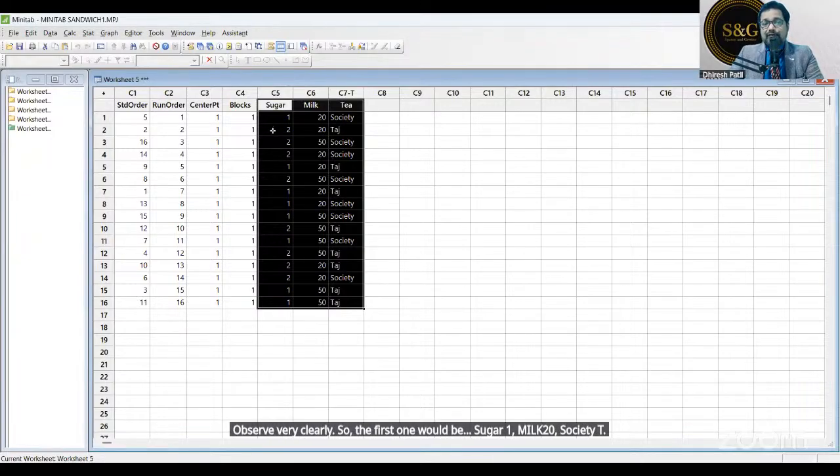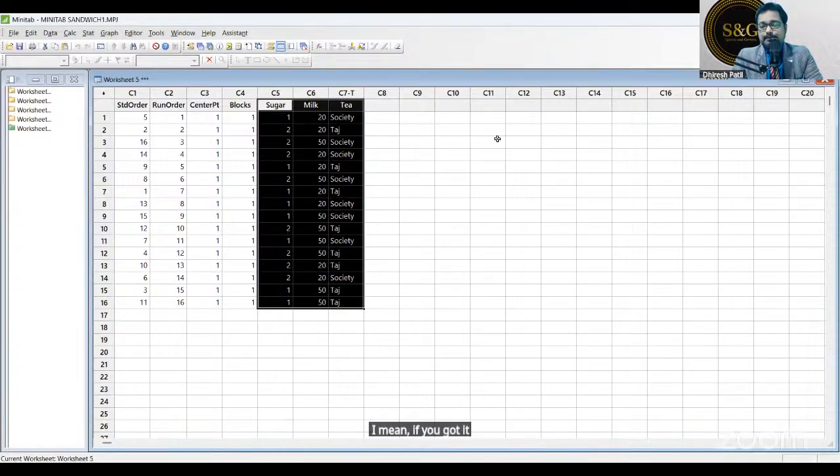Then second run will be sugar 2, milk 20, Taj Mahal tea. How many of you got it? Just type yes in the chat box. Got it?